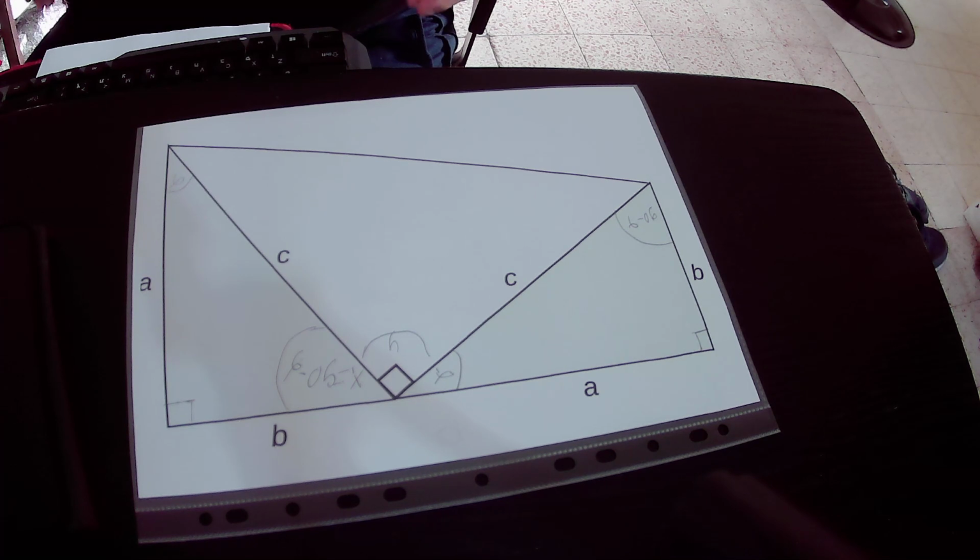Every triangle, the sum of its three angles equals 180 degrees.